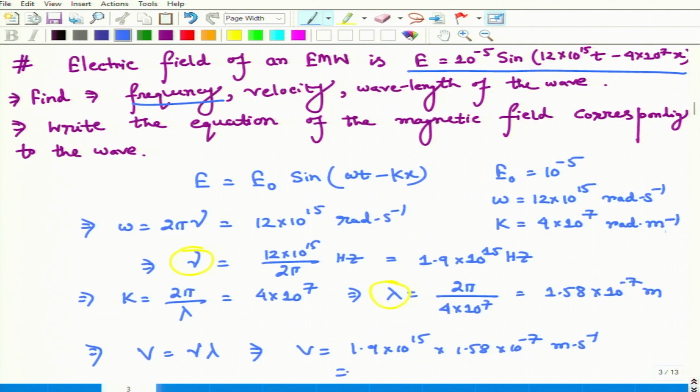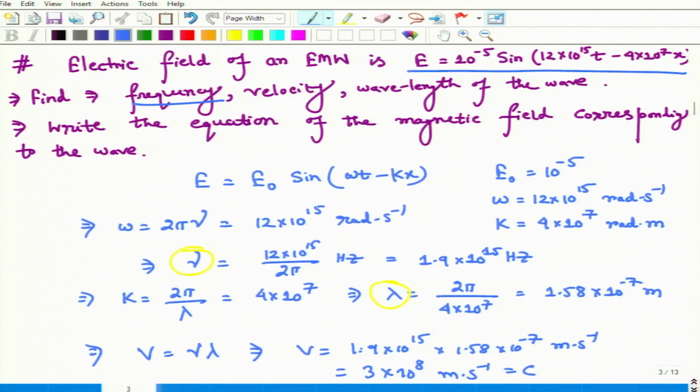If we put in the values, we obtain around 3 into 10 to the power 8 meter per second. So v is equal to c, the speed of light. That should be so, because for an electromagnetic wave the velocity is equal to the speed of light, 3 into 10 to the power 8 meter per second. So the first part is done.